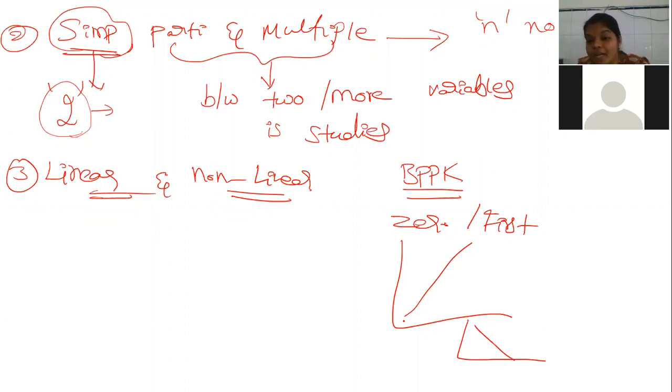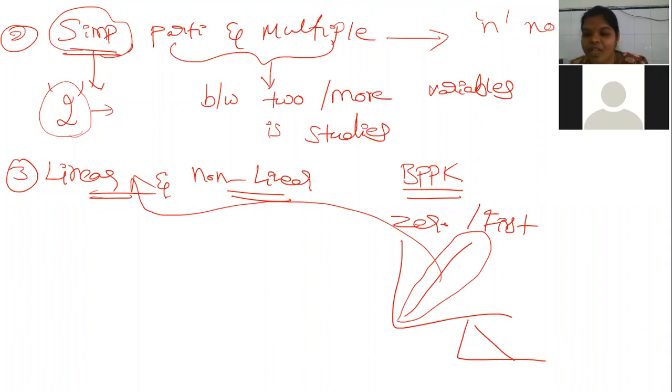Okay. If the graph is showing you a straight line like this, it will be said to be what? Linear. The relationship between the concentration and the time values of plasma will be a linear relationship, that we can say by seeing that particular graph between the plasma drug concentration versus time profiles of a particular drug.